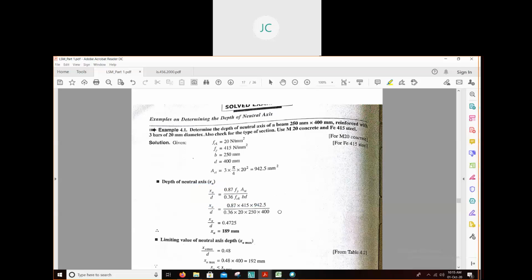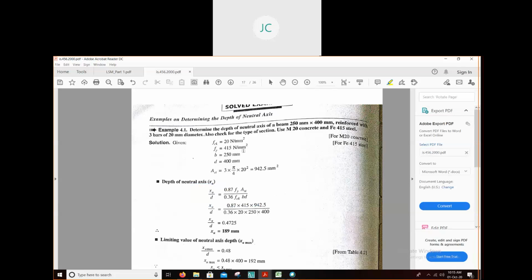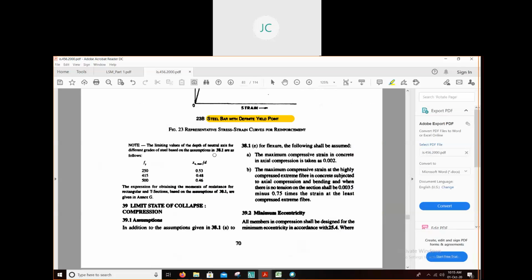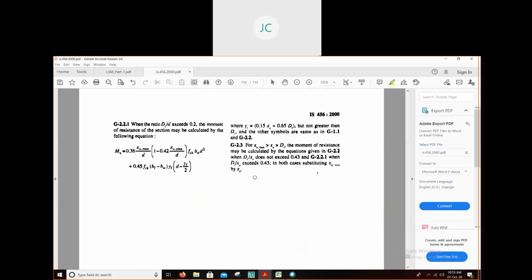Now how to find out the depth of neutral axis? For using this equation, you have to write down the clause number. Every time whenever you are using this equation, you have to write down the clause number.